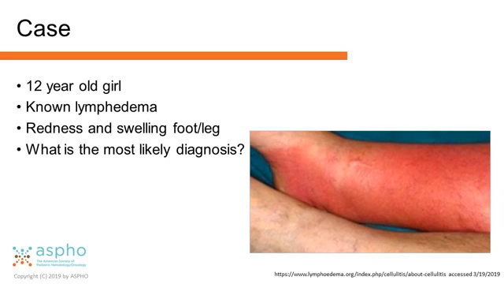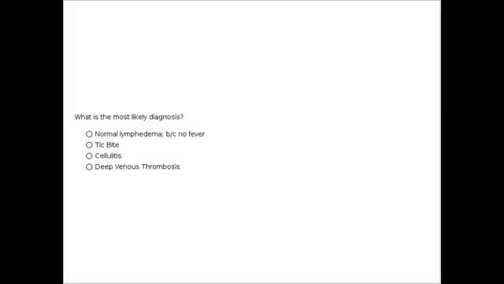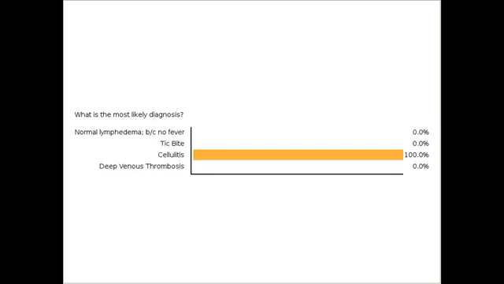And upon further questioning, Mom said that the girl was afebrile, and upon inspection of her daughter's leg, she noted redness and swelling. And in this case, what would be the most likely diagnosis? Normal lymphedema because there's no fever, a tick bite, cellulitis, or a deep venous thrombosis.